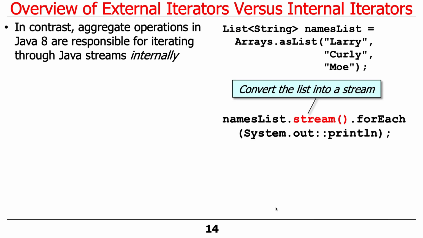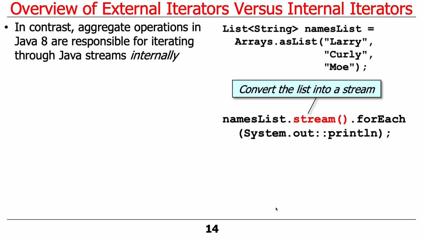So once again, we have a list of names, our good friend, the Three Stooges, except now we're going to convert the names list, which is a list, into a stream. So this is a sequential transformation. We're getting a sequential stream. And under the hood, it's using some other stuff we'll talk about shortly. And now we have a stream of strings.